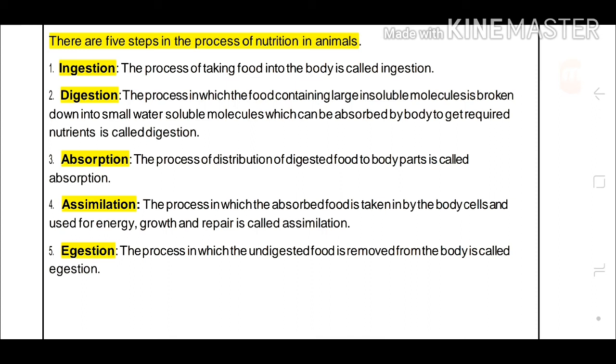Ingestion. The process of taking food into the body is called ingestion. 2. Digestion. The process in which food containing large insoluble molecules is broken down into small water-soluble molecules which can be absorbed by the body to get required nutrients is called digestion.